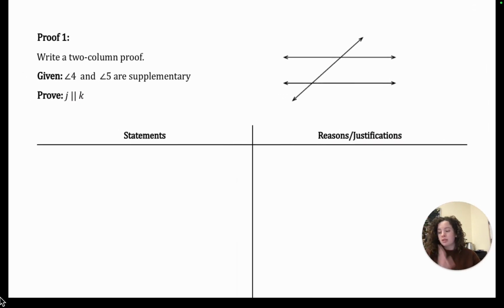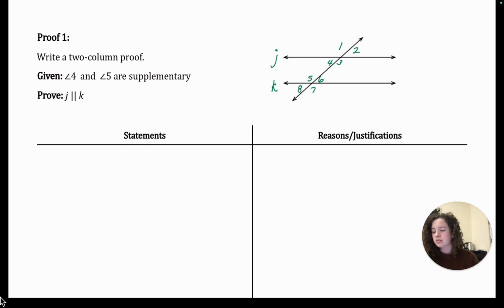So we are given that angles 4 and 5 are supplementary, and we are supposed to prove that line J is parallel to line K. So before we do that, we need to go in and label our things. That is line J and line K. We are going to label this here as 1, 2, 3, 4, 5, 6, 7, and 8.